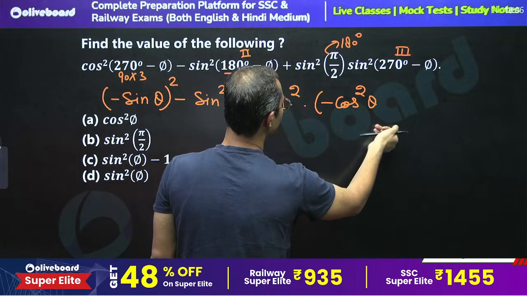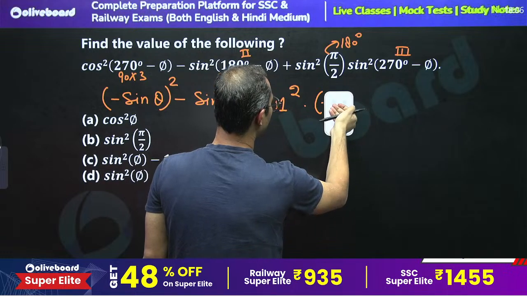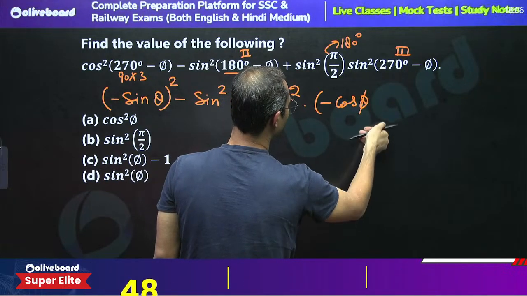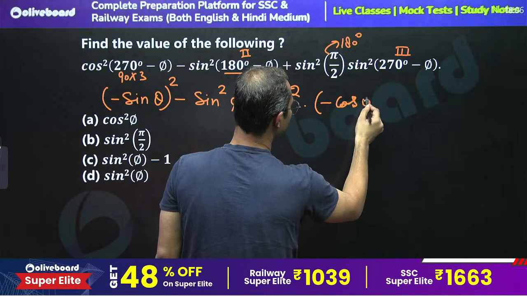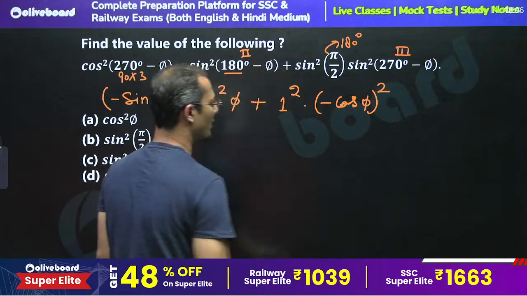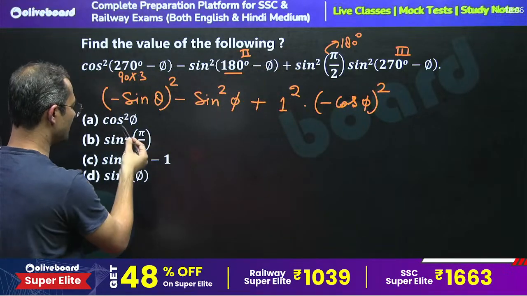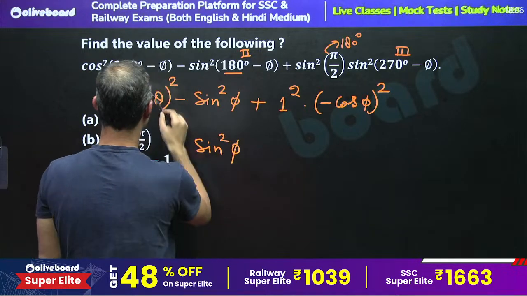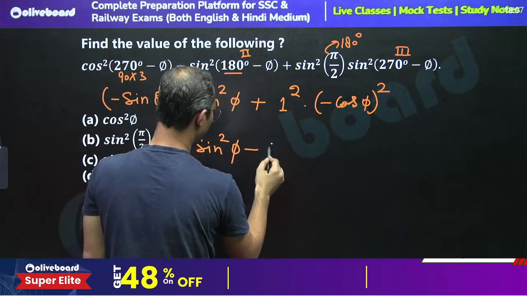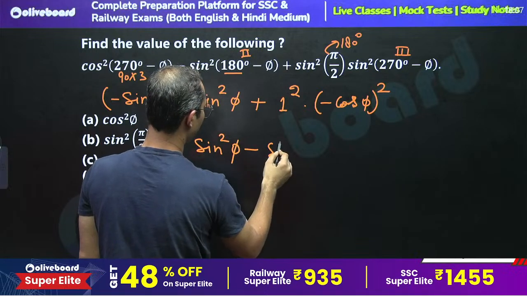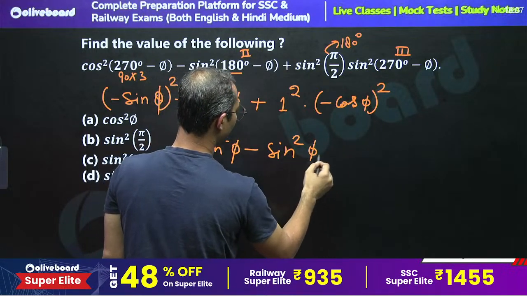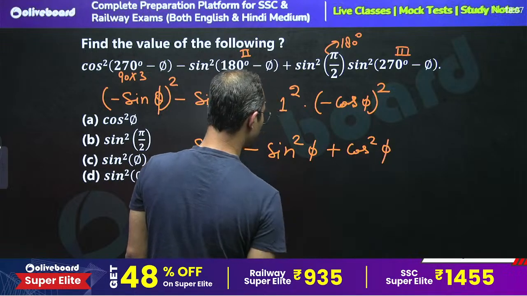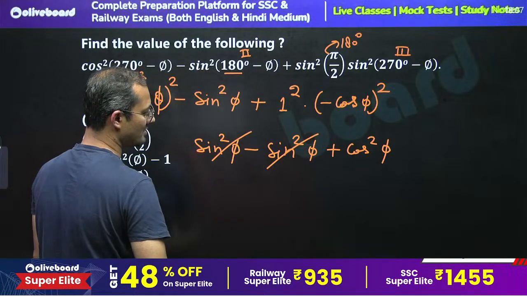Is this clear? Minus cos theta, then take the square of the complete expression. So this will become sine square theta minus sine square theta plus cos square theta. The sine square cancelled.